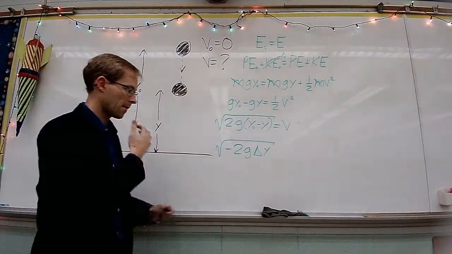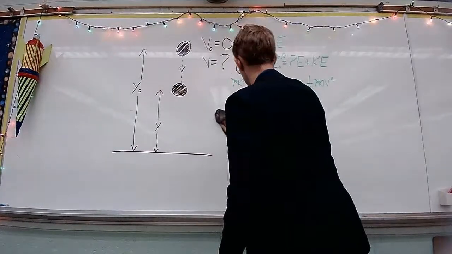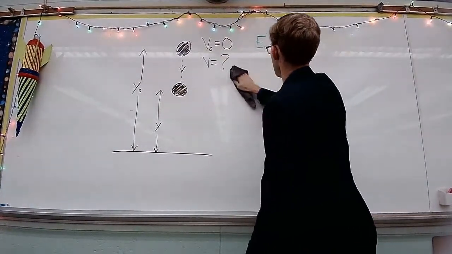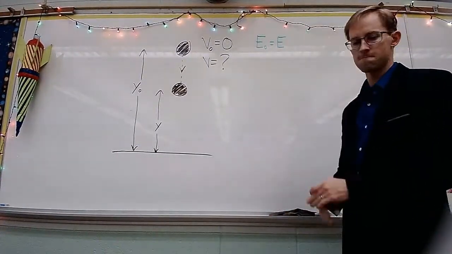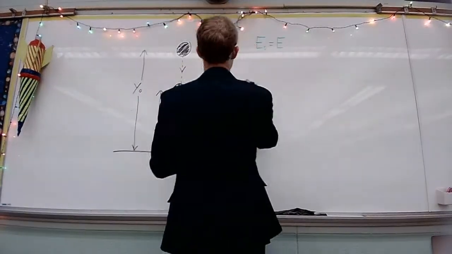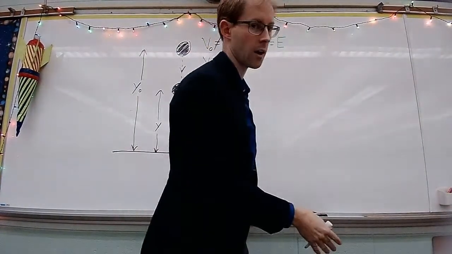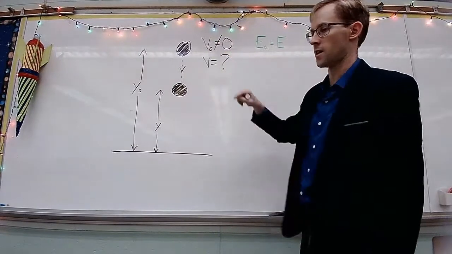Okay. So let's take this one step further. And maybe instead of releasing this ball from rest, we get very angry and we just chuck it down as hard as we can. So we no longer have an original velocity of 0.